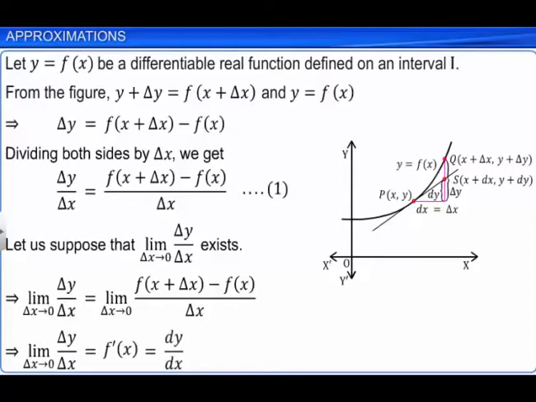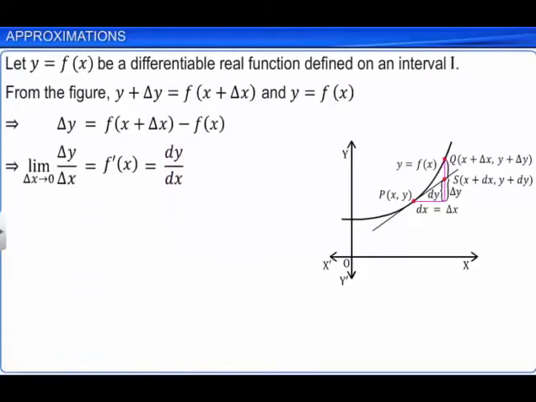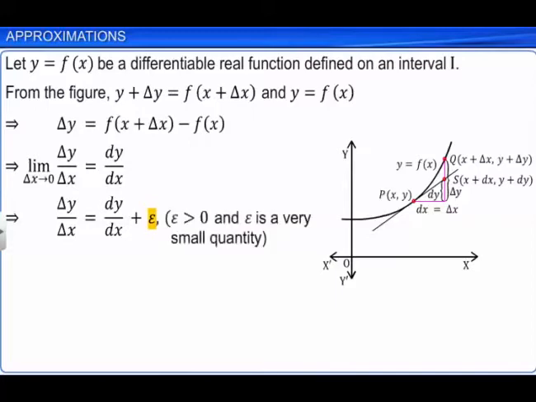The right-hand side of the equation can be written as dy upon dx. Therefore, limiting value of delta y upon delta x is dy upon dx. Hence, delta y upon delta x is equal to dy upon dx plus epsilon, where epsilon is a small positive quantity.